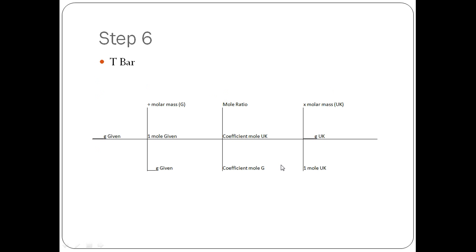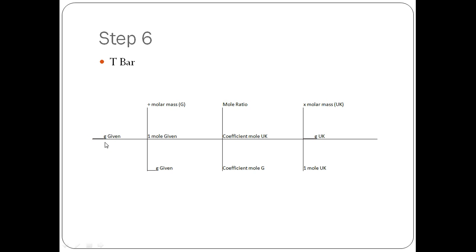Okay. Step 6. Here is a T-chart to help you somewhat set up your problem once you have all the information required above. This T-chart is required if you're going from grams to grams. If the problem requires grams, and you're going all the way to grams of an unknown, then this is what you use.